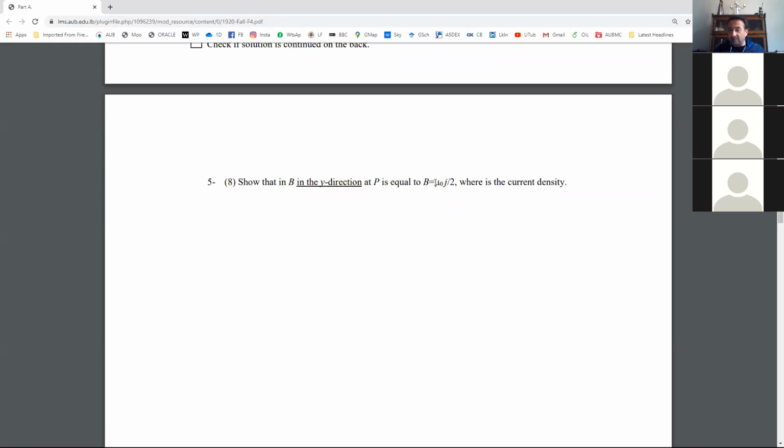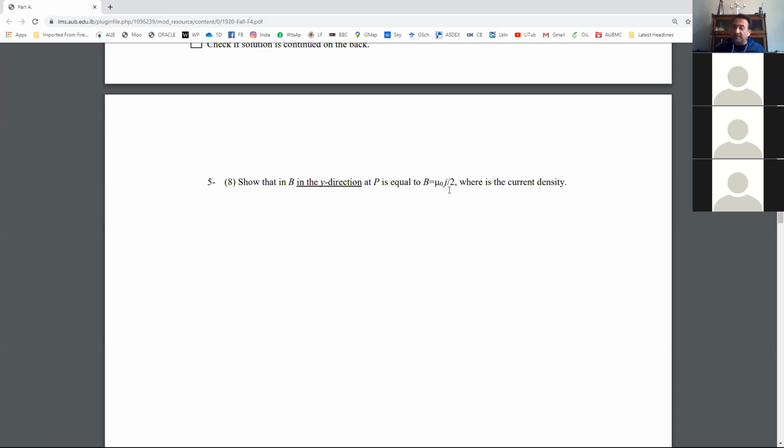So here B is equal to mu0 I over 2a. If I is time dependent, if n is time dependent, I is time dependent, B is time dependent. So from this equation, B equal to mu0 J divided by 2, I'm going to have the dependence of B on I. And then I can use Gauss's law.